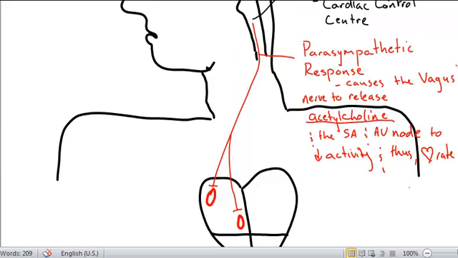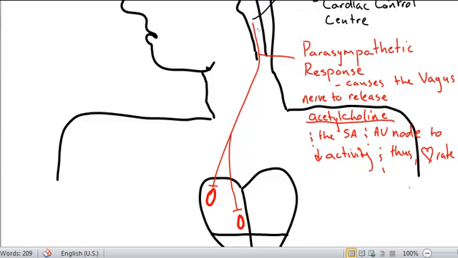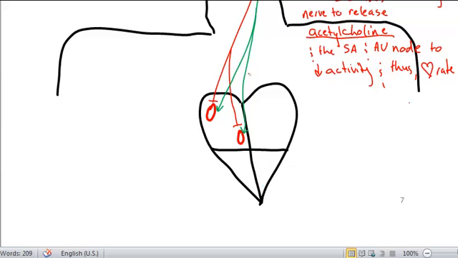In contrast, we have a sympathetic response. We will send a signal to our nodes, causing them to increase heart rate.